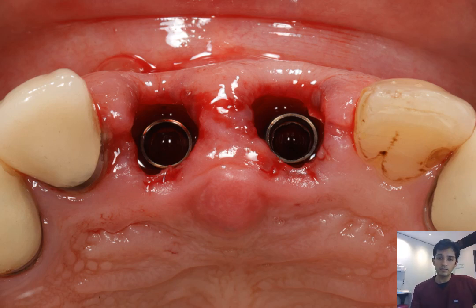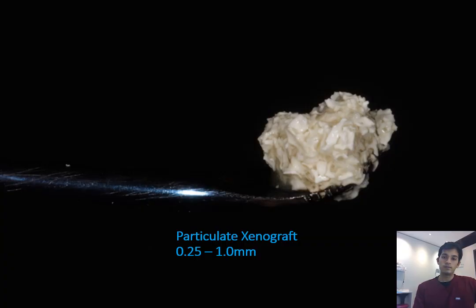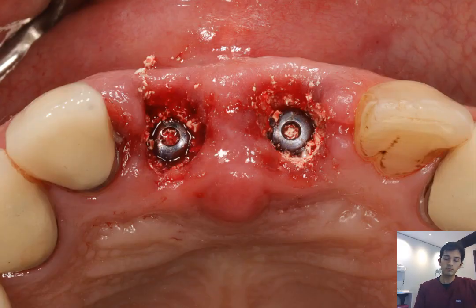Once I've verified the implants are in the positions we want them, roughly 0.5 to 1 millimeter below the buccal crest of bone, I then take a particulate graft. In this case it was a xenograft, and I fill all the gaps around the implant. Usually the biggest gap is on the buccal aspect, so that's where we start first, and we make sure we don't leave any voids around this.